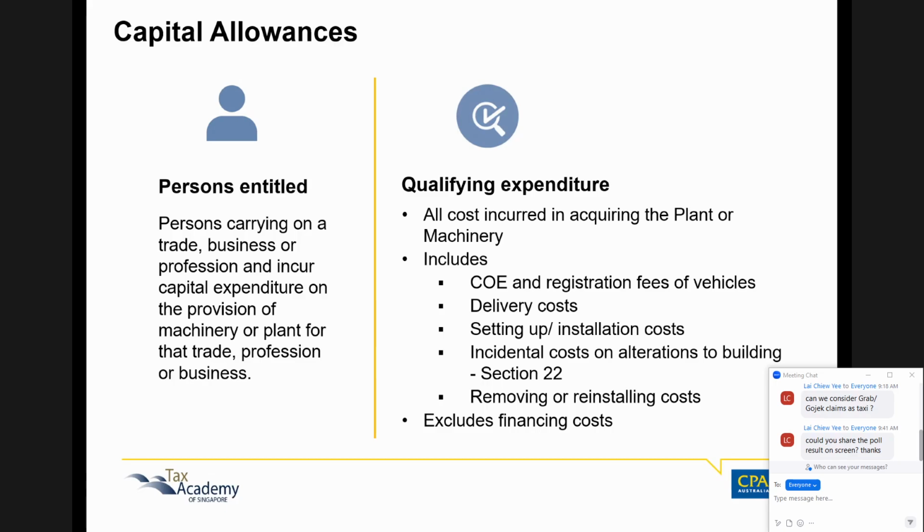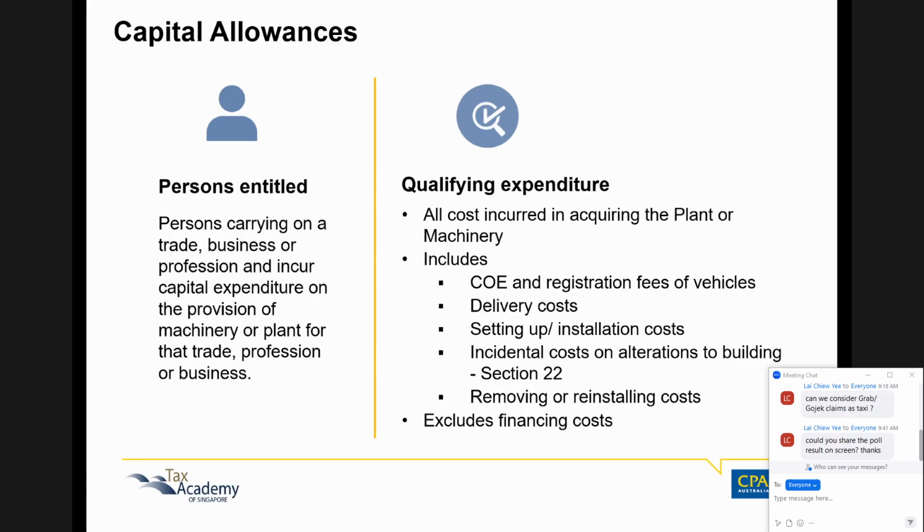Okay, but you need to take note that what is not included will be your financing cost. For example, if you take up a loan and pay interest on the loan to acquire the machine, for this financing cost, if applicable, you can claim the interest expense under section 14(1)(a)(1), provided conditions are met.